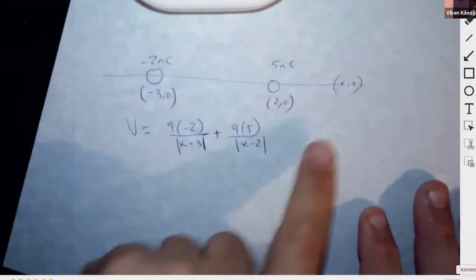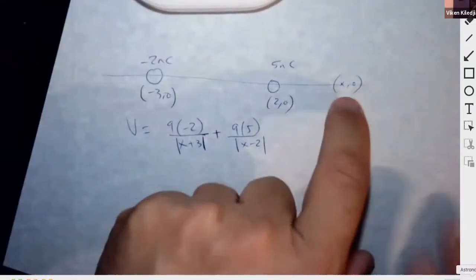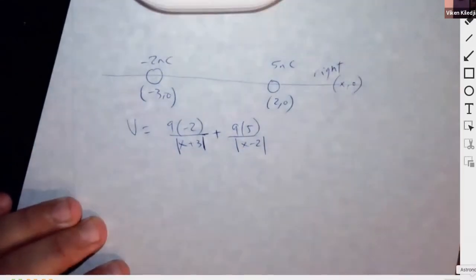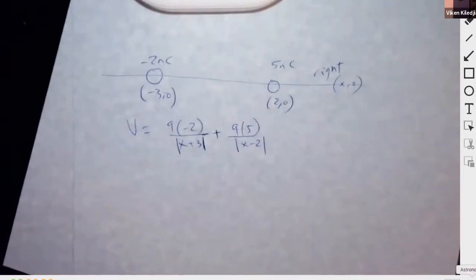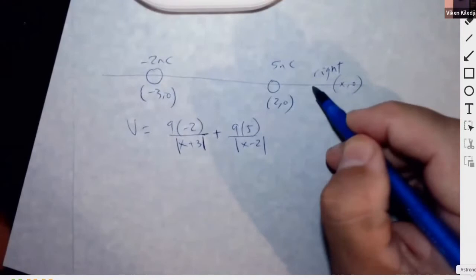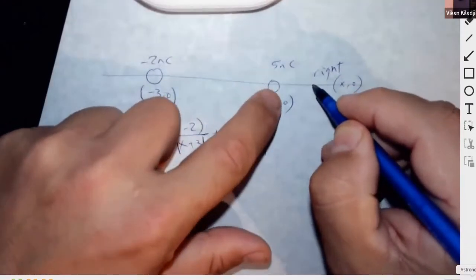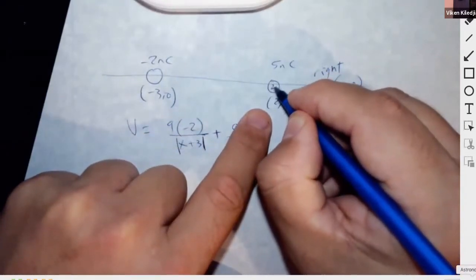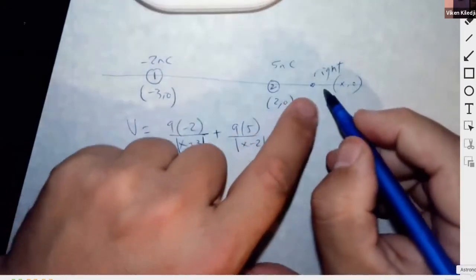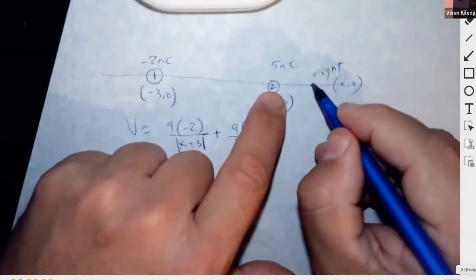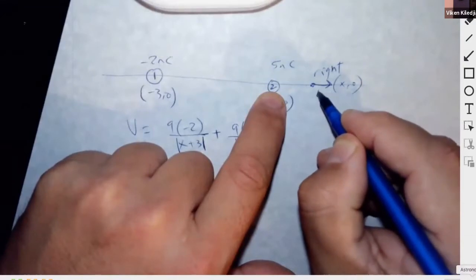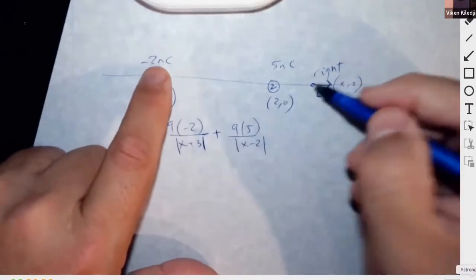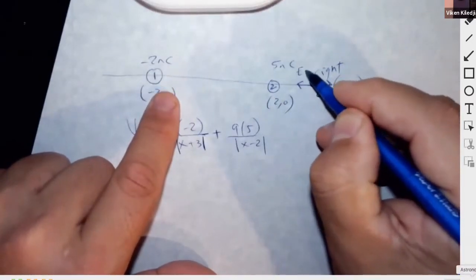Let's say I wanted to find the electric field in the right region. Remember when we did this in the electric field chapter? We said that in this region, the electric field of this charge, call it the second charge, is away from it, E2. And the electric field of the first charge, because it's a negative charge, is towards it, E1.